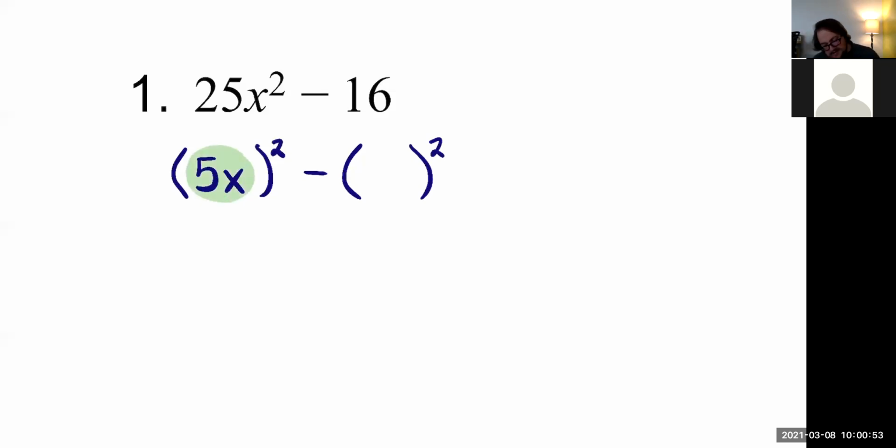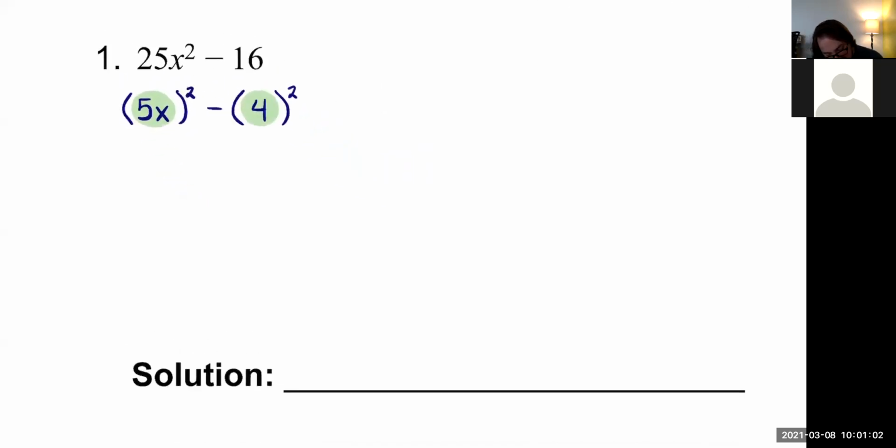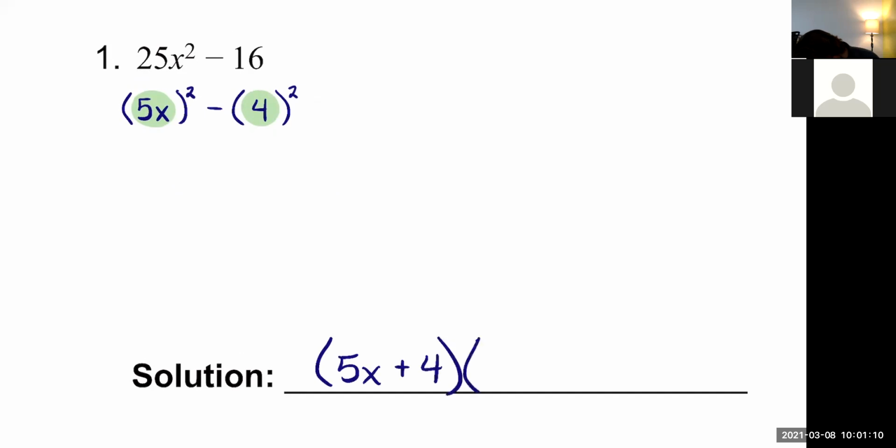What's being squared to make the 16? A 4. So 4 is the second piece I'll need. When I go to factor them, I'm just going to use those two pieces twice: 5x plus 4 and 5x minus 4. And it's factored.